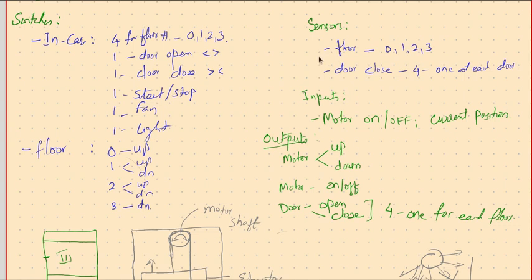Then at every floor we have sensors which tell where the car is, and there are door close sensors that confirm whether the door is closed or not. If all the four doors are closed, only then the lift should move, otherwise it is hazardous, so we need to look at it.